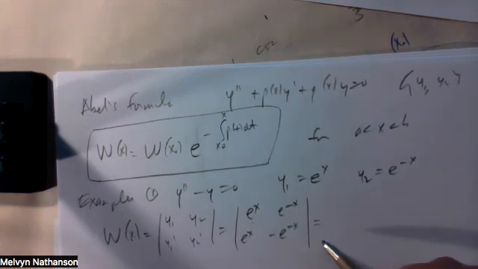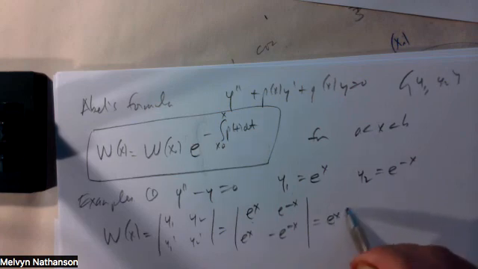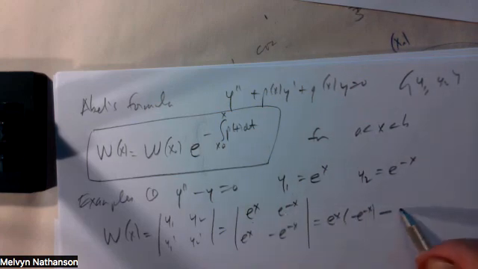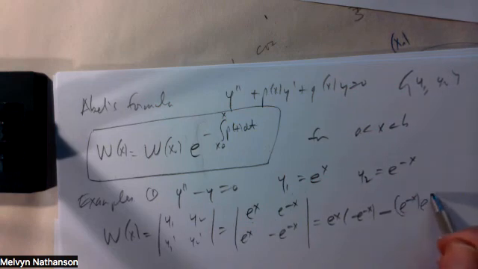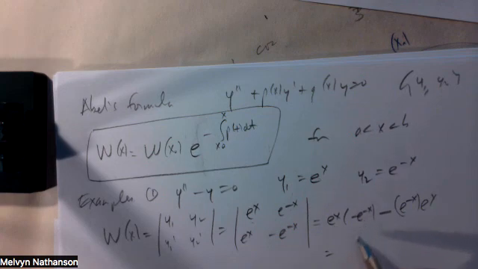If you calculate this determinant, you get e to the x times minus e to the minus x minus e to the minus x times e to the x. This is e to the x times e to the minus x is 1. This is minus 1 minus 1. This is minus 2. So this Wronskian is equal to minus 2 for all x.